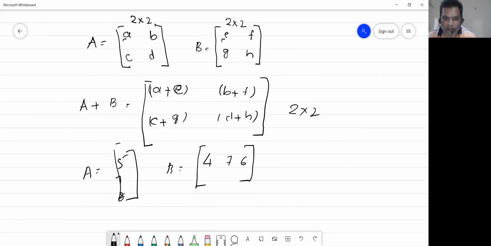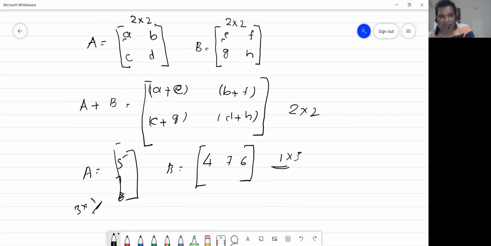Here, 3 rows, 1 column, and here, 1 row, 3 columns. So the orders of the two matrices are not equal, so addition is not possible. Subtraction is also not possible. I will explain how to subtract two matrices in the next example.